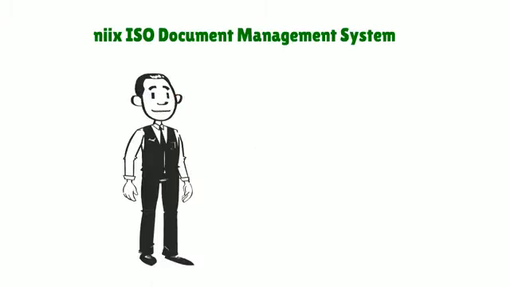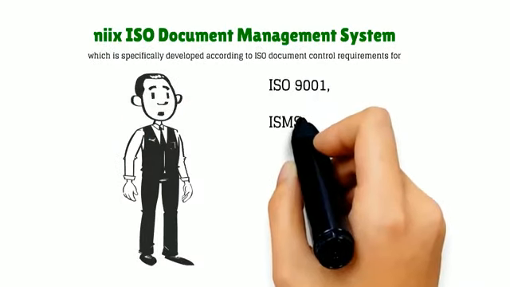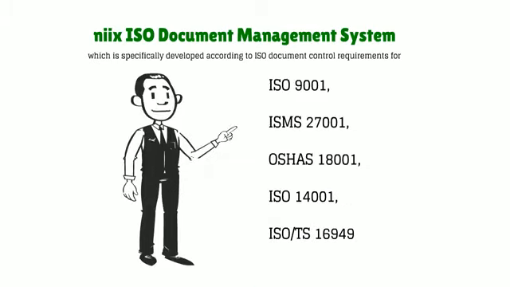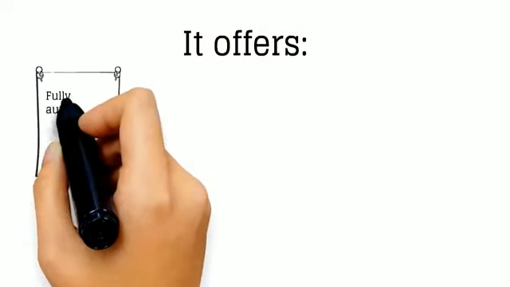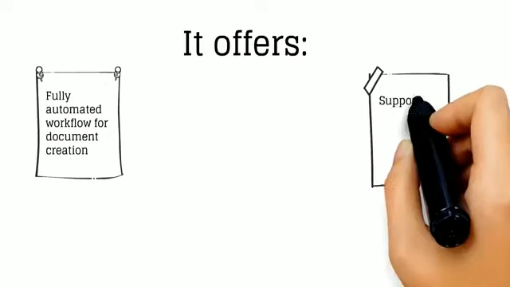Now, NIIX proudly brings to you the ISO Document Management System, which is specifically developed according to ISO document control requirements for ISO 9001, ISMS 27001, ISO 14001, ISO TS 16949, and any other ISO standards. It offers fully automated workflow for document creation, review, approval, update document master list.